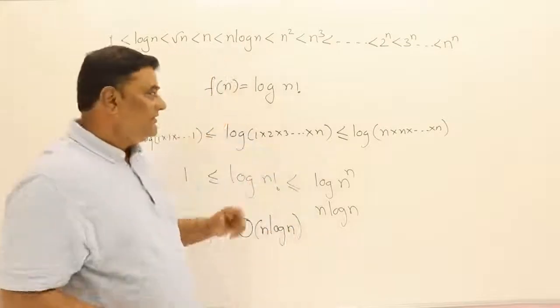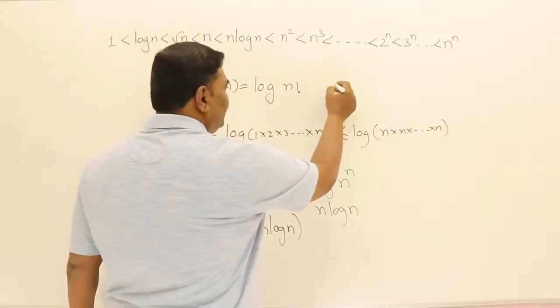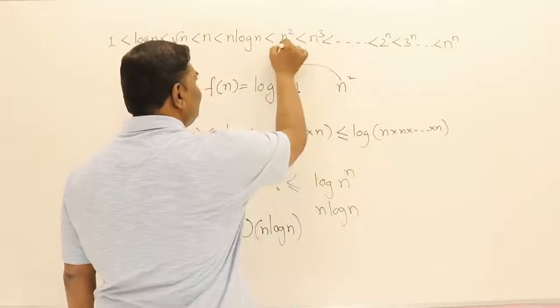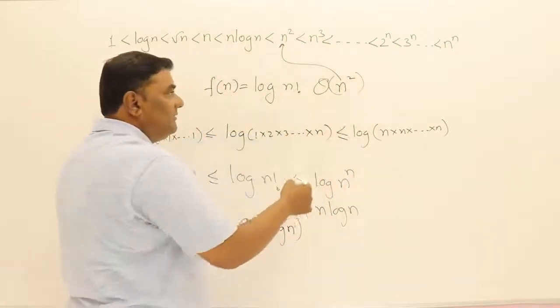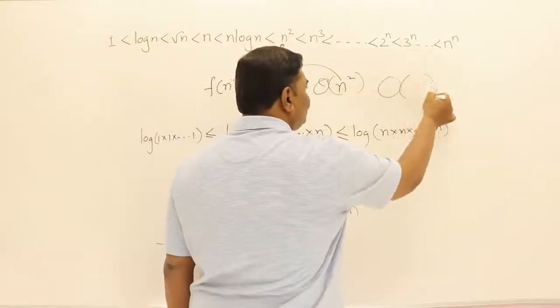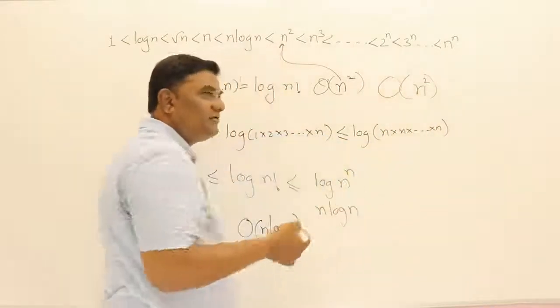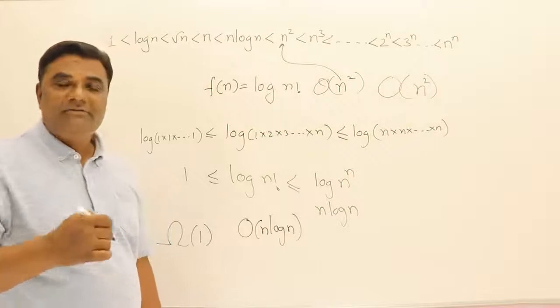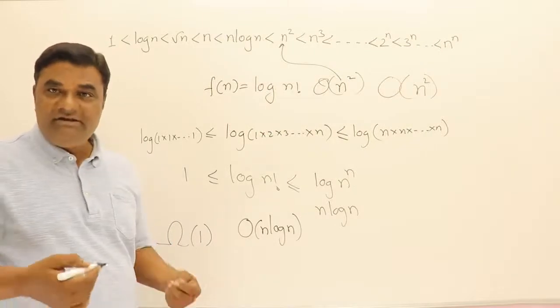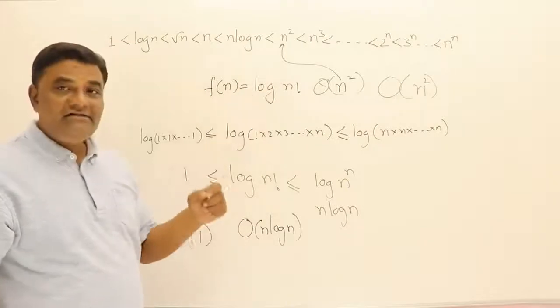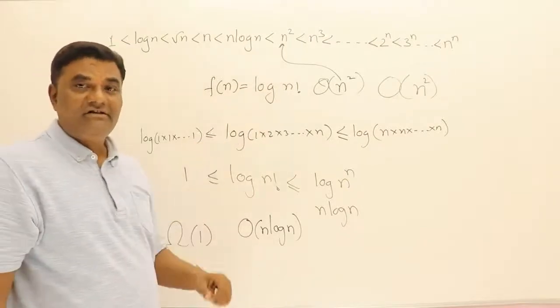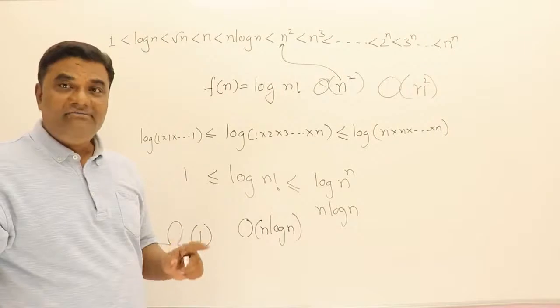In the same way, when you have a function n square, then you can say n square, that is the perfect answer. So giving theta is the right one. But if you are writing big O, I am not sure whether you are giving me the nearest or not. That is the problem with big O. It may be the nearest one, or it may be bigger than that. But theta guarantees that you have given the exact figure, exact notation, exact time complexity.